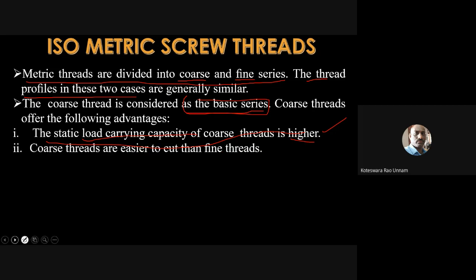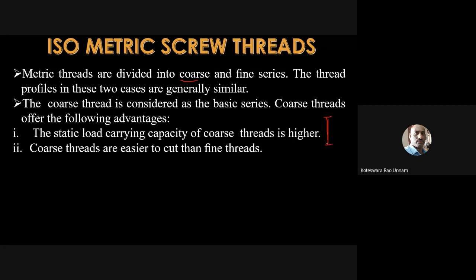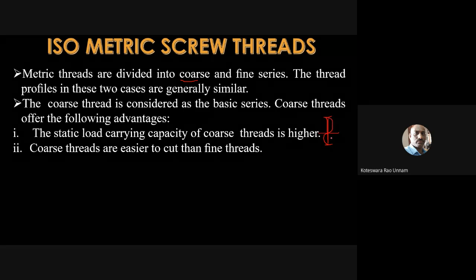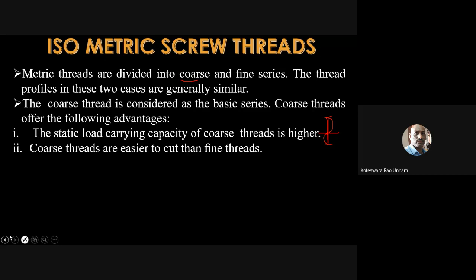Then the second one is, coarse threads are easier to cut. Why are they easier to cut? Like I already told, coarse thread means fewer threads for a pitch length. Suppose this is my pitch length, if I want to cut 2 threads for a pitch length, something like this, here and here, it is easy when compared to cutting 10 threads in the same pitch length.